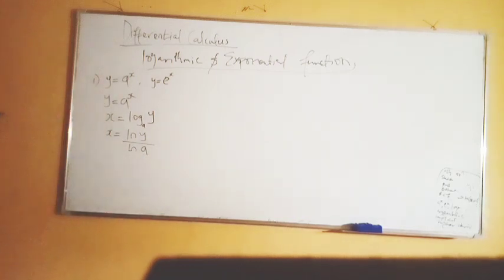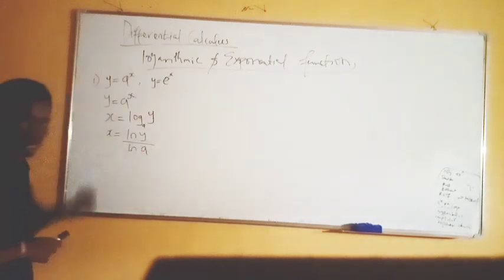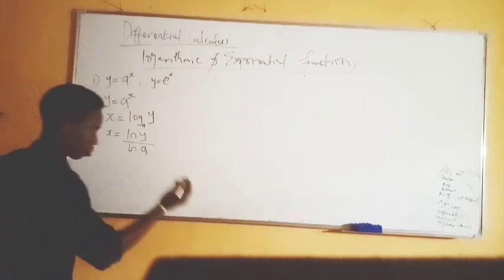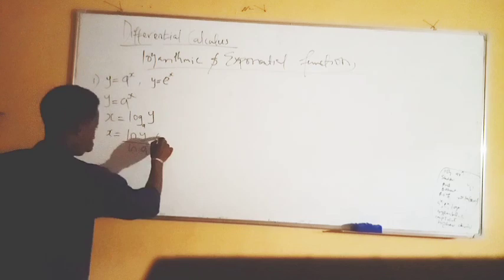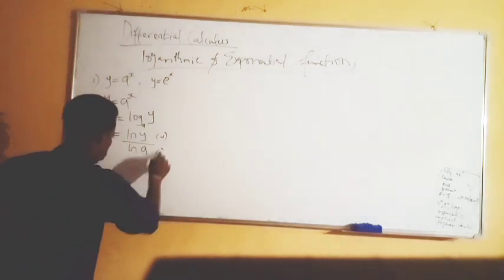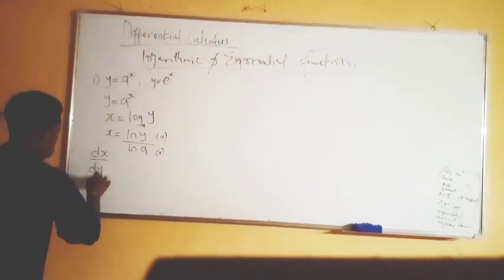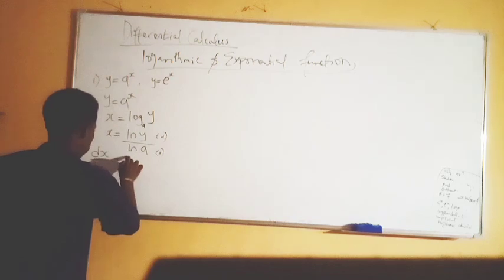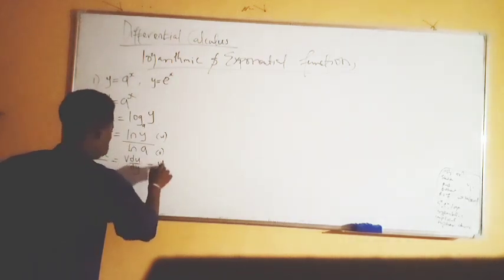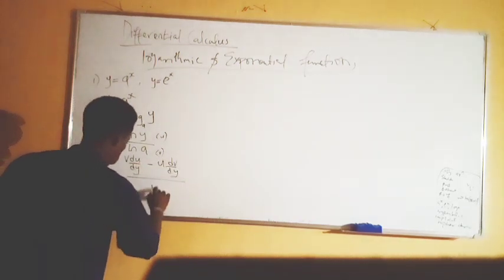So like I did before, I will be differentiating x with respect to y in this case for simplicity. This is still our u using the quotient rule, and this is our v. So dx/dy gives us v du/dy minus u dv/dy over v squared.